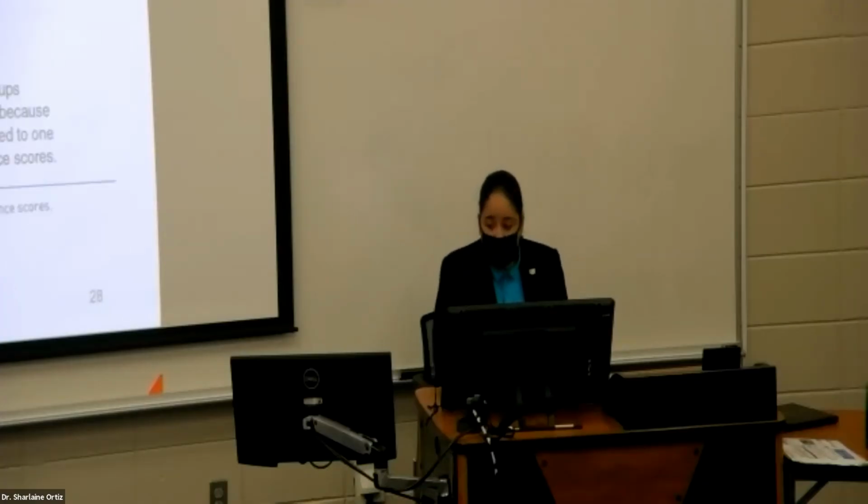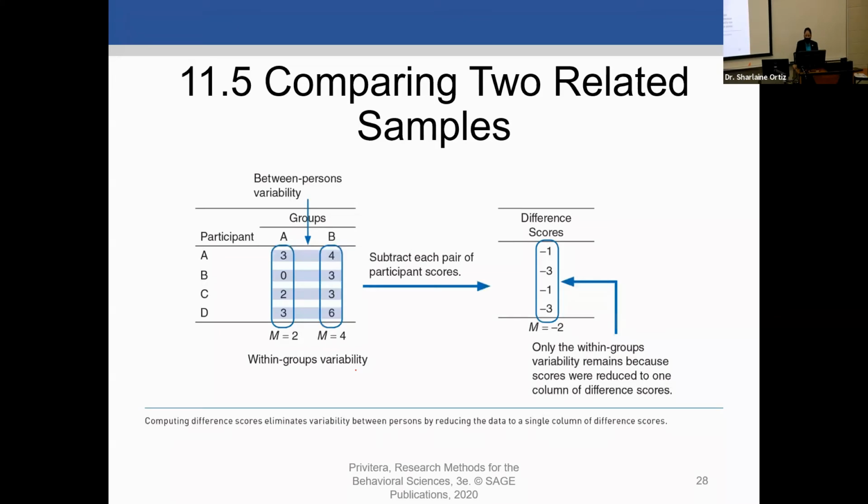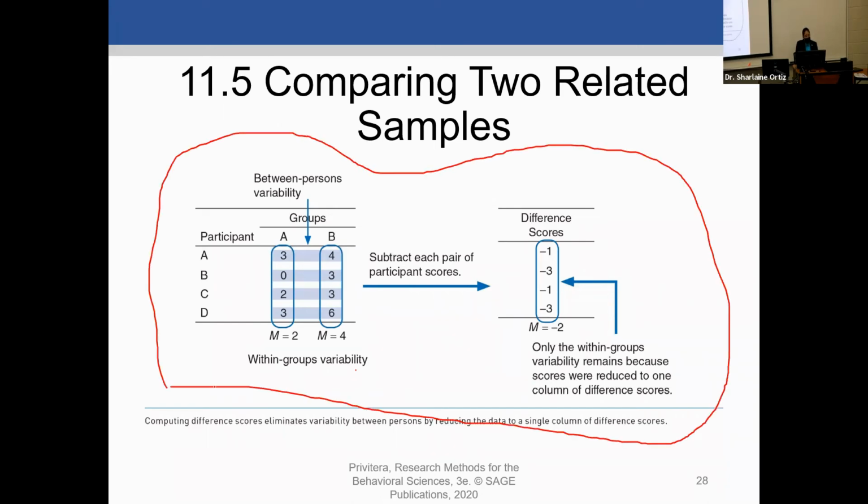All right, so let's look at another illustration in order to facilitate our understanding. Sometimes it's a little bit easier to see it in an illustration. What we're trying to do in this illustration is note the computation, noting how exactly we're going to find the difference scores between the groups.